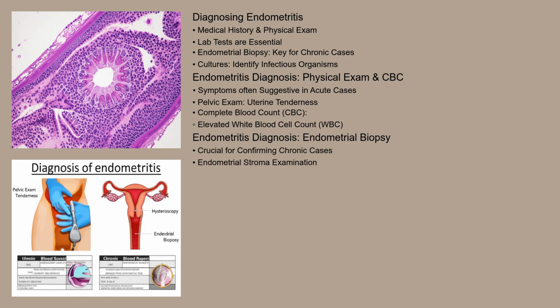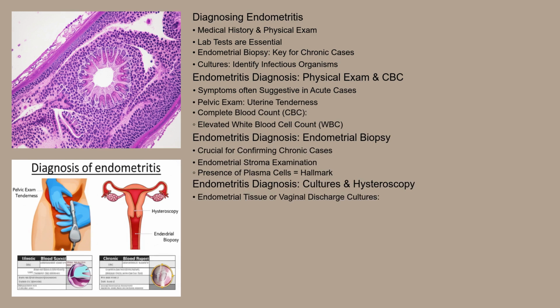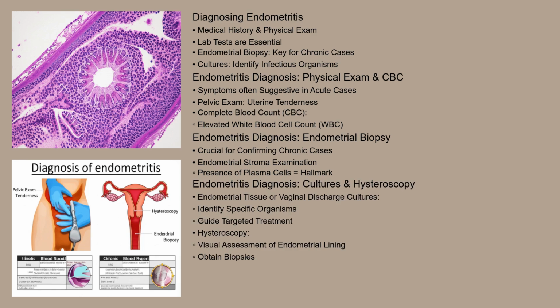The presence of plasma cells in the endometrial stroma is a hallmark sign. Additionally, cultures of endometrial tissue or vaginal discharge can help identify the specific infectious organisms involved, guiding targeted treatment. Hysteroscopy, a procedure where a small camera is inserted into the uterus, may also be used to visually assess the endometrial lining and obtain biopsies.